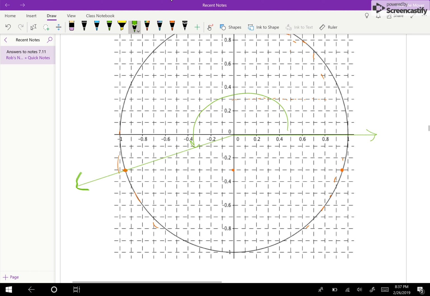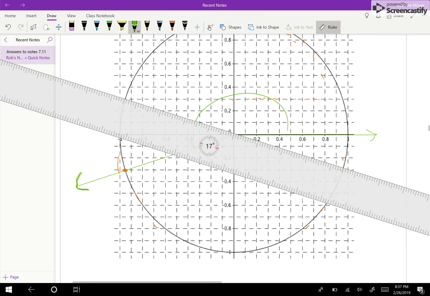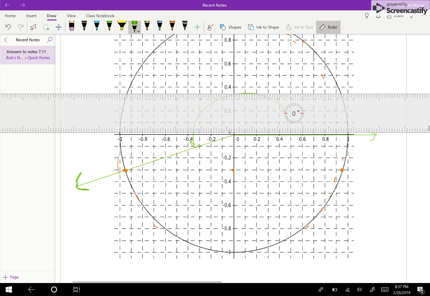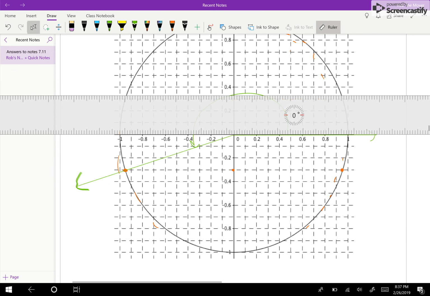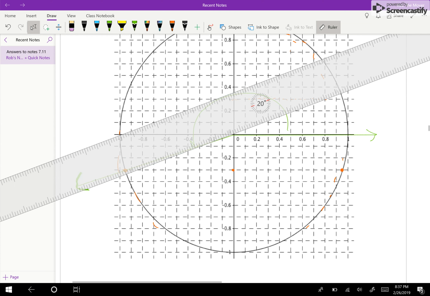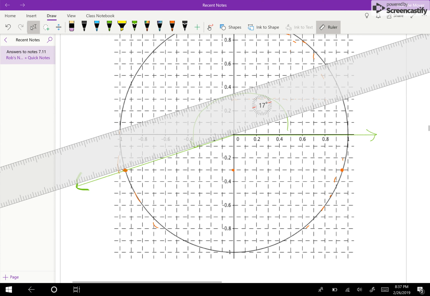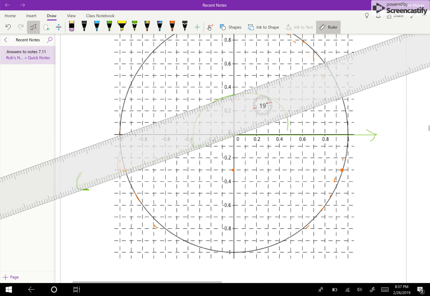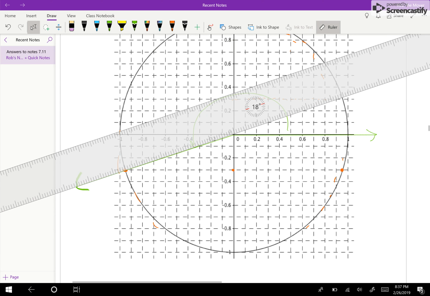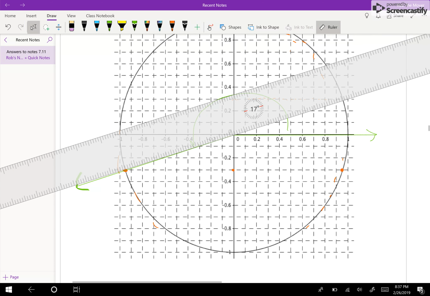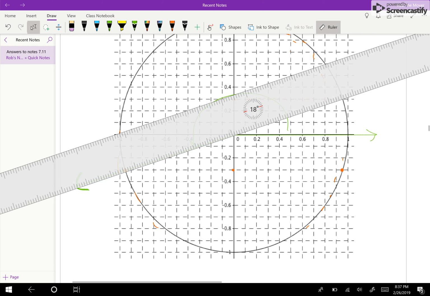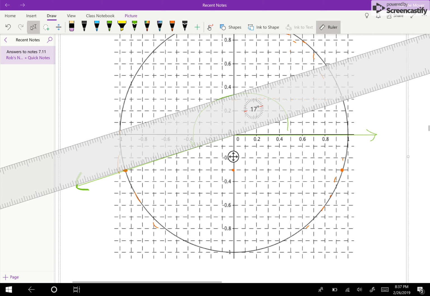And really, we've got to measure this: 180 plus this little part. You might be guessing what it is. So there's 0. If I measure this way, what do I get? Well, you see, we came up with 17.5 the other time.